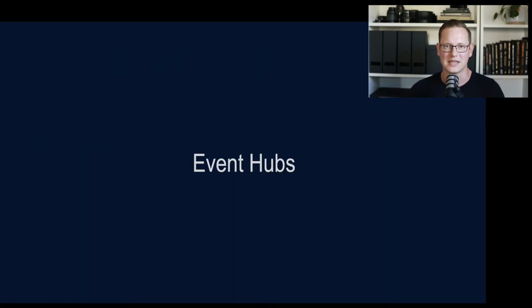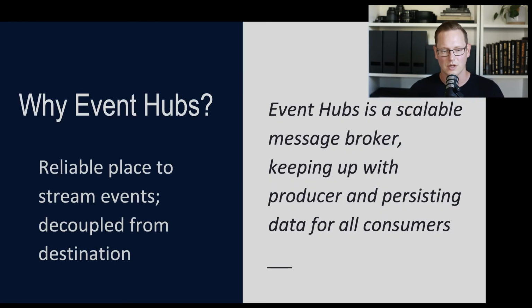Event Hubs is an important piece of the streaming side of our data lake architecture. And so it's important to know why we care about Event Hubs in the first place. What Event Hubs offers us is a scalable message broker. It's a reliable place that we can stream data to, we can stream events to, and it's decoupled from the consumers, it's decoupled from the destination.